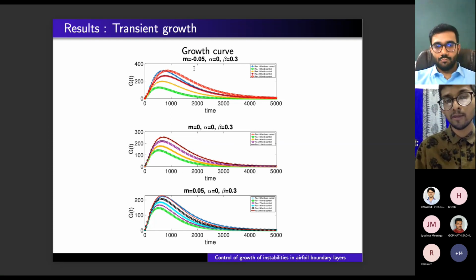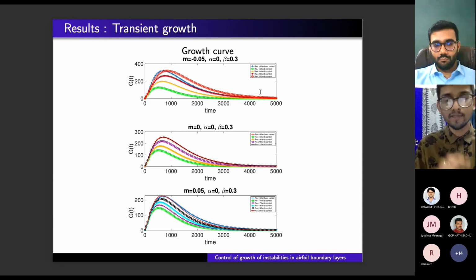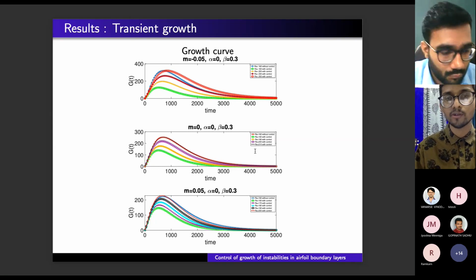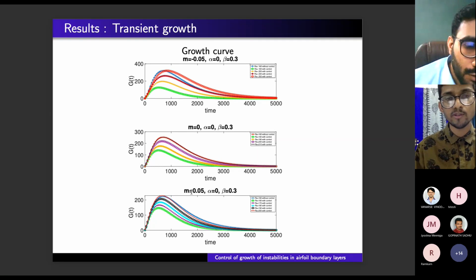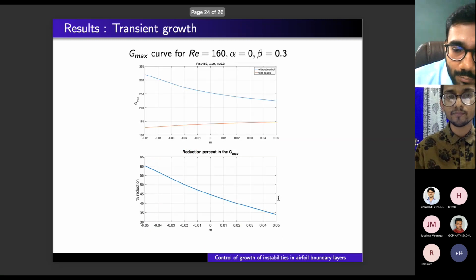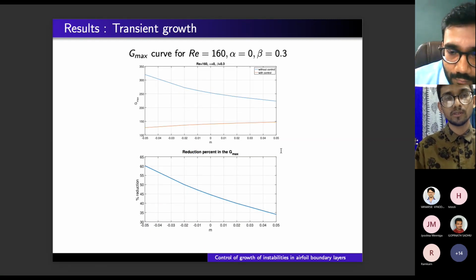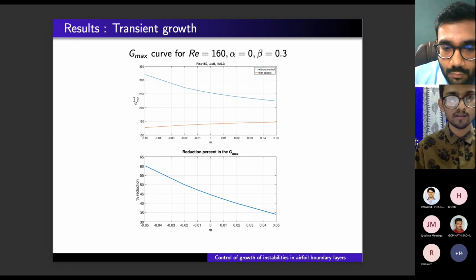For m equals minus 0.05, which is towards the trailing edge, we could reach up to Reynolds number 2.5 from 160, yet the flow remains in the same stable scenario. For m equals 0, we could reach up to 1.5. For m equals 0.05, we could reach up to 0. So this is the overall scenario.